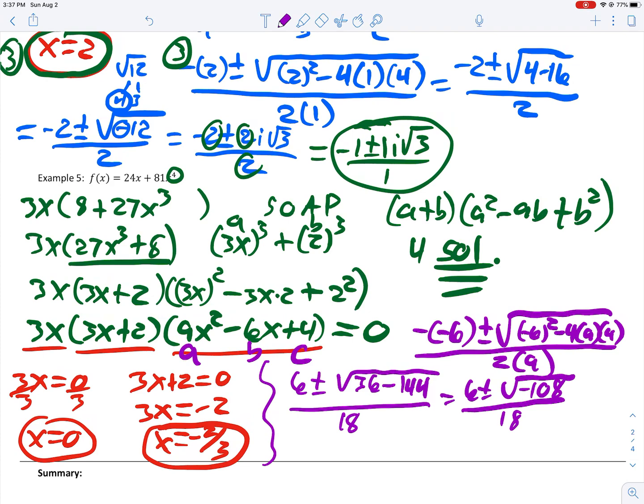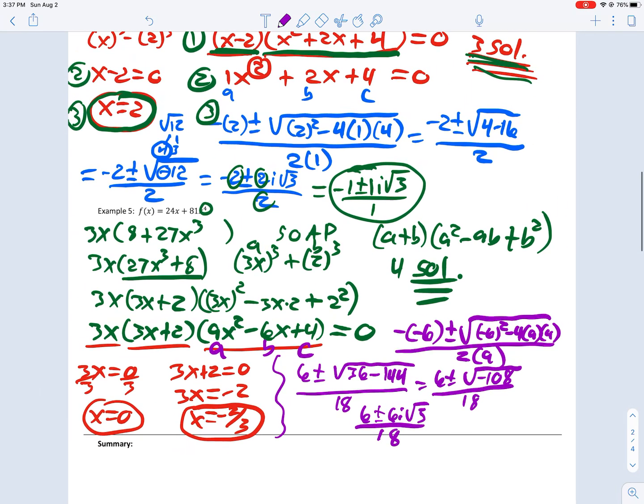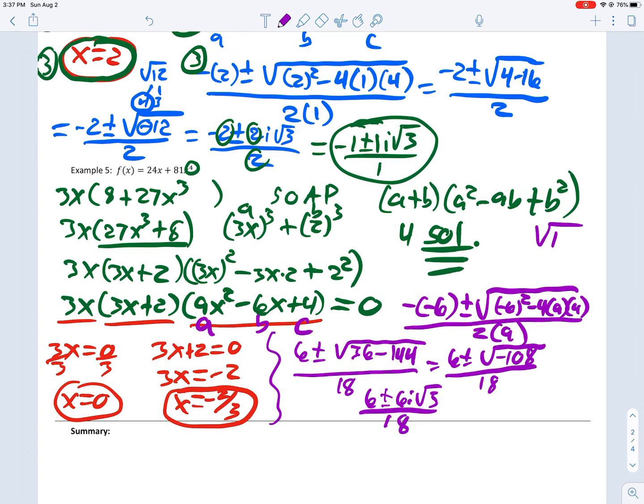And then I'm just going to simplify it, just like we did up top in the blue part in example 4. So negative 108, if you simplify that, you get 36 and 3. So you can take out a 6. So this becomes 6 plus or minus 6i root 3 over 18.